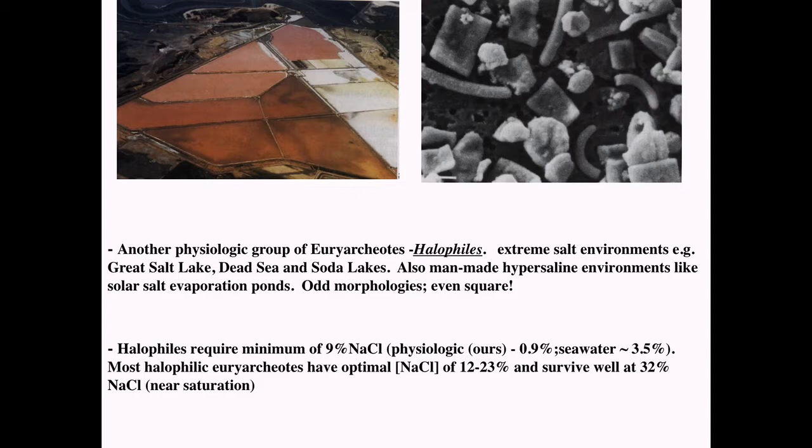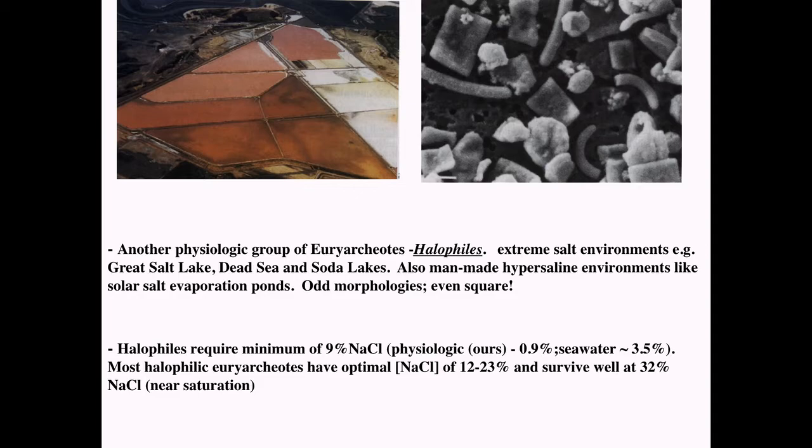That's still well below the minimum for halophilic archaea. So our halophilic archaea are not living and thriving in ocean waters because the salt concentration doesn't even reach their minimum. Most halophiles have an optimum concentration of sodium chloride between 9 and 23%, and they can survive and even thrive pretty close to salt saturation.